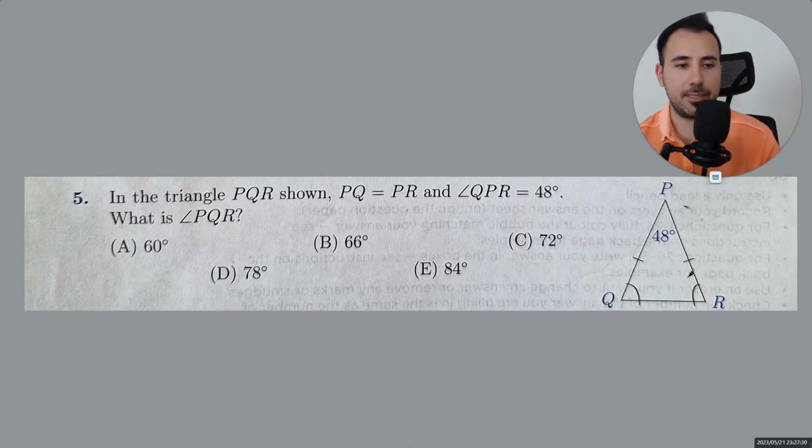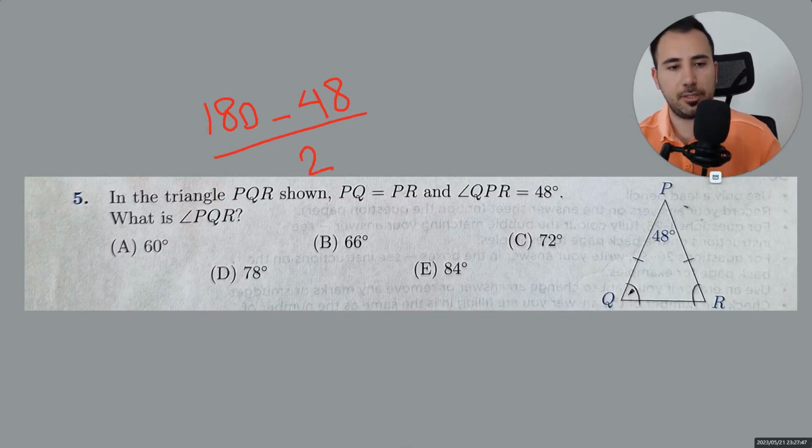We know that the sum of the internal angles of a triangle is 180 degrees. So the sum of these two will be 180 minus 48. Then we need to divide this by 2 because we have two angles, Q and R. We just want PQR, which is going to be this one. So it's going to be 132 divided by 2, which is 66.